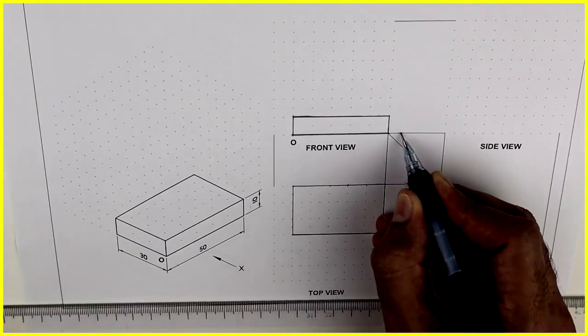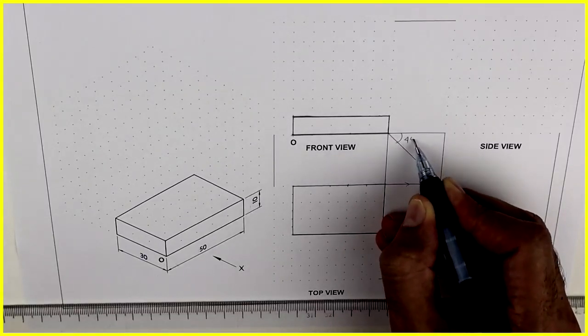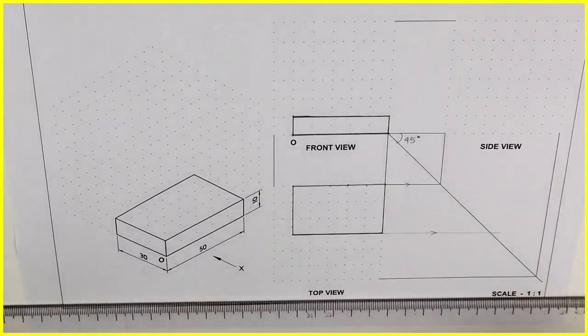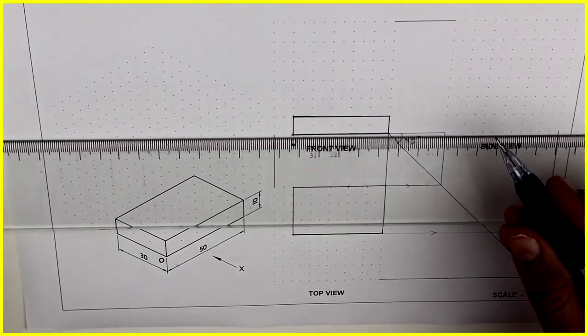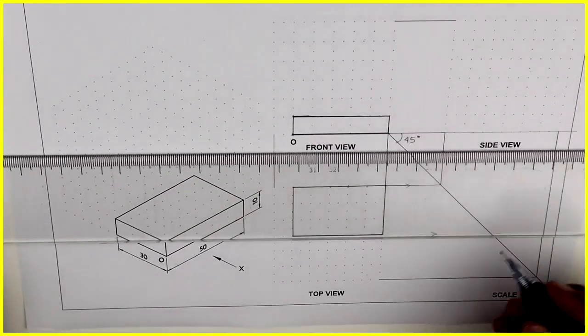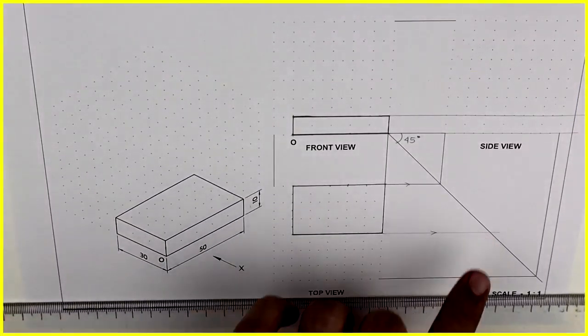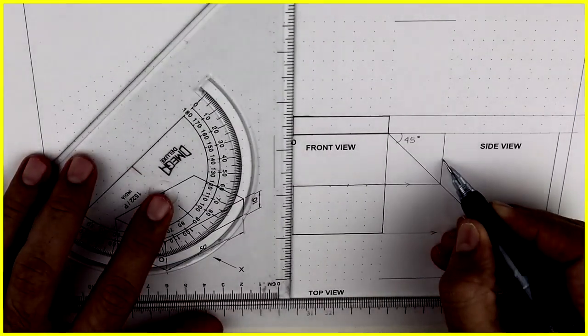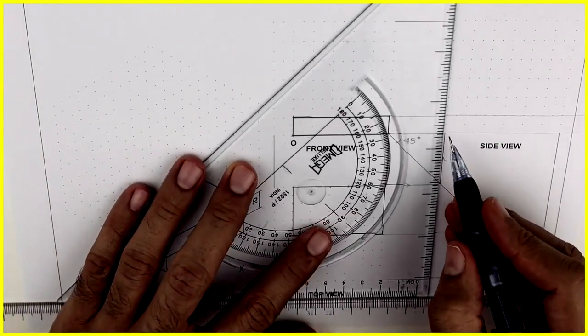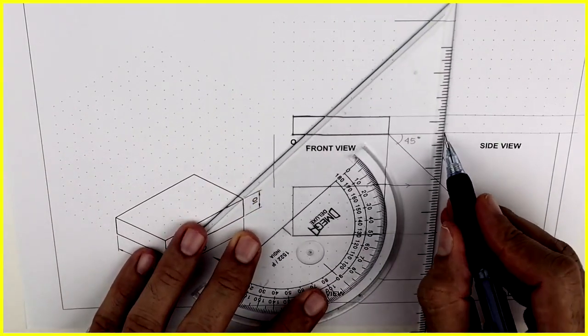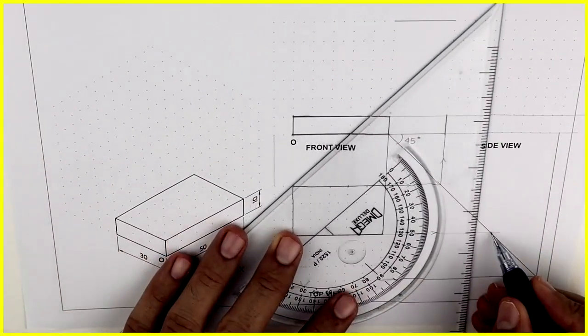Now if you see, this angle is 45 degrees. We will always take 45 degrees in orthography. Now we'll take height from the front view and we'll take width from the top view. So no need to take dimensions. We will automatically get the width and height for the side view.